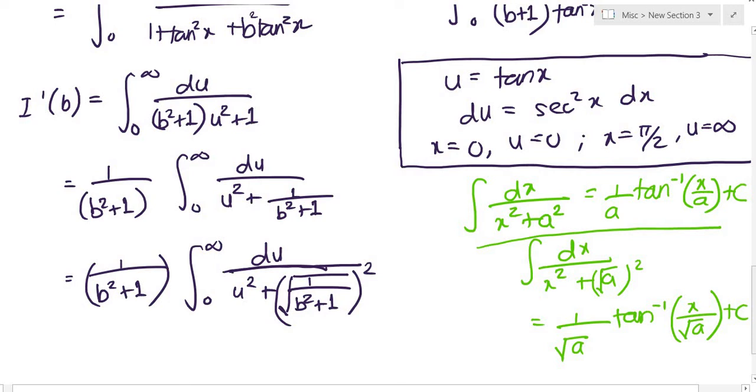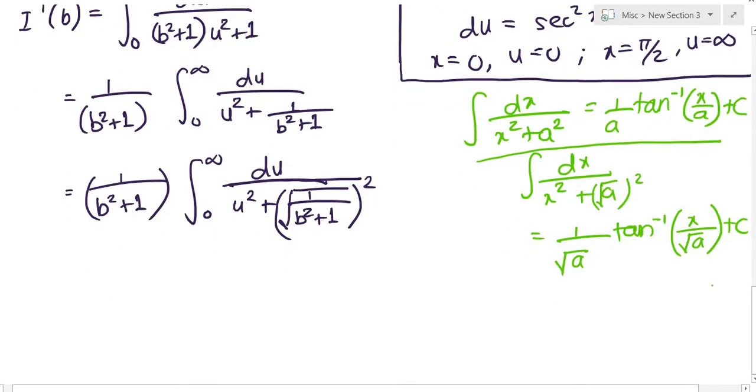Another way of thinking about this is we just replaced our a with the square root of a. That's why I took the square root: we just had a simple constant like a, and we want something in terms of some constant squared so that we can apply this great formula. So that's exactly what I've done here.